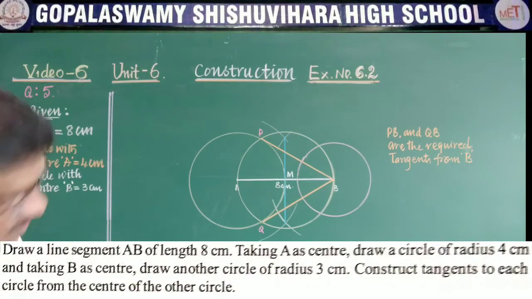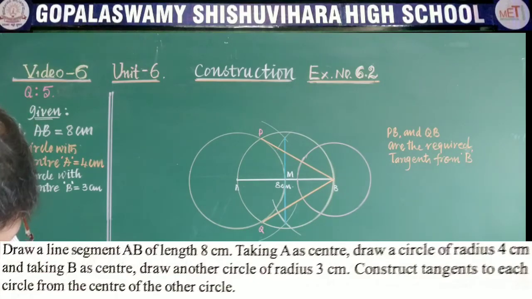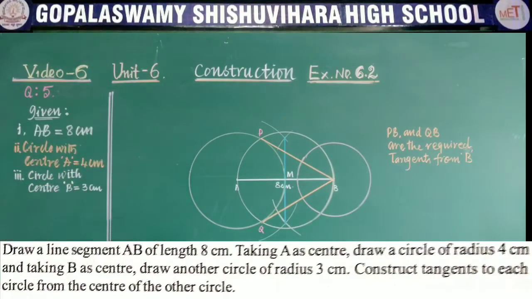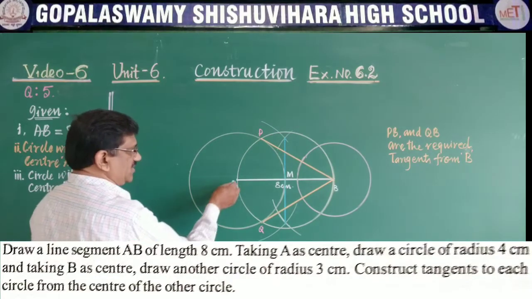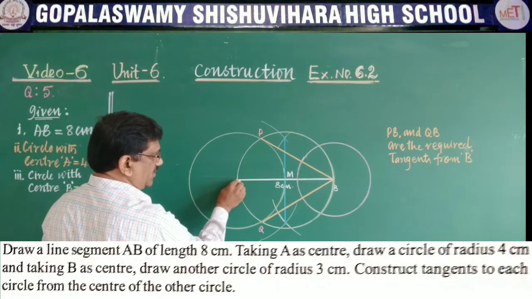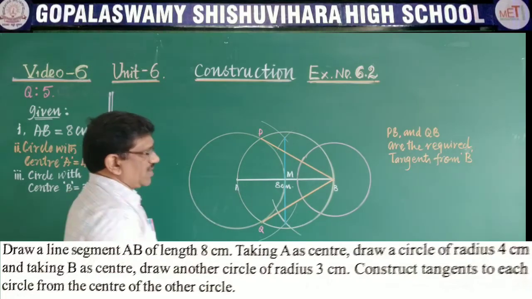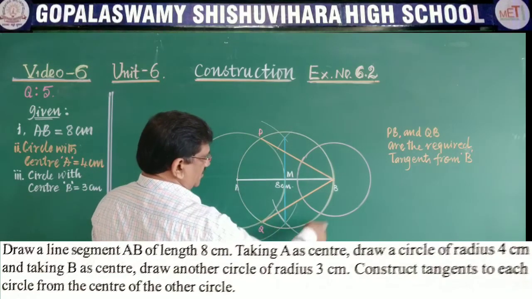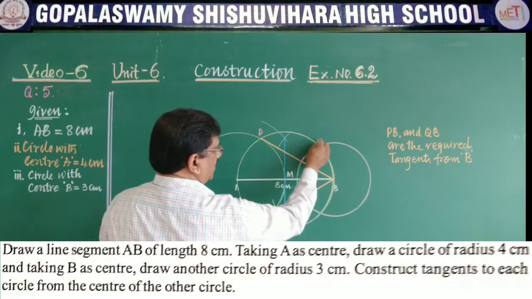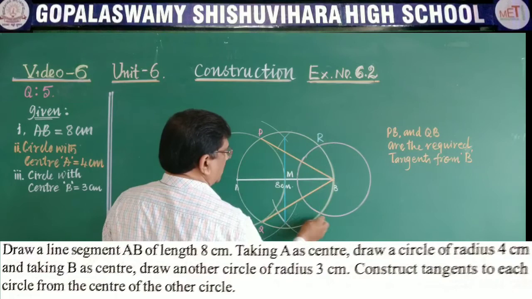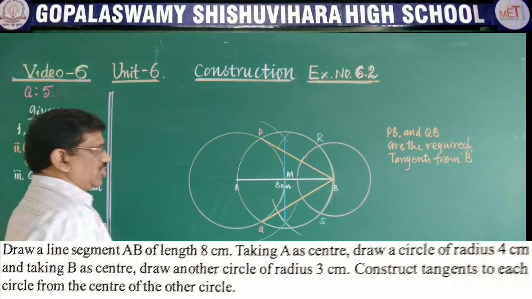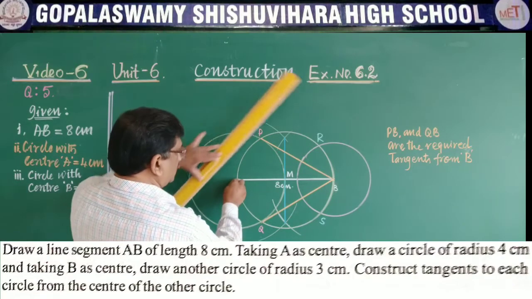Next one. So now take this. With A as a center, consider the point A. Here, the circle with the center M, where it cuts the circle with the center B, name it as R and S. Okay.